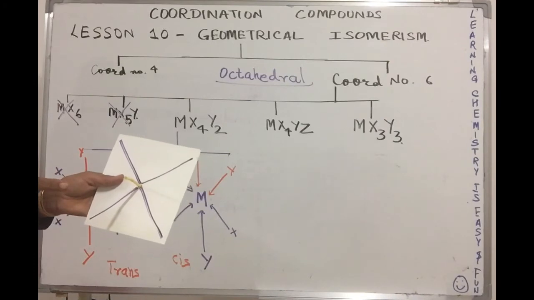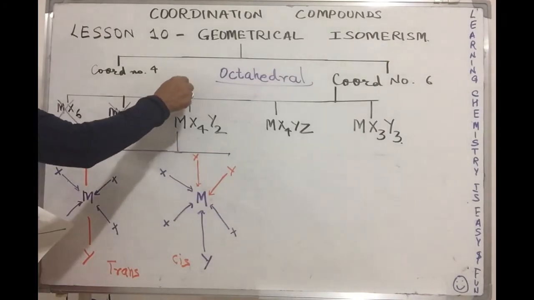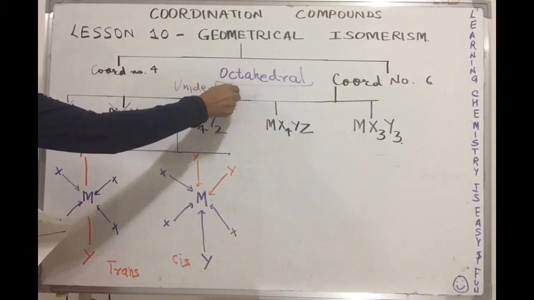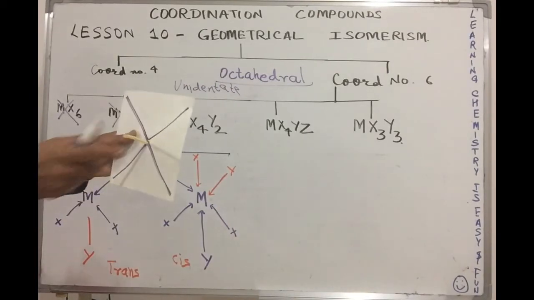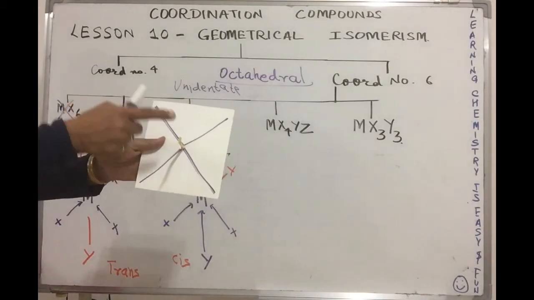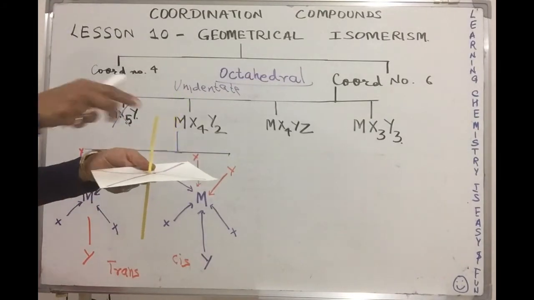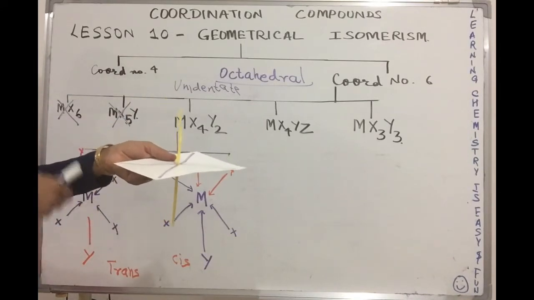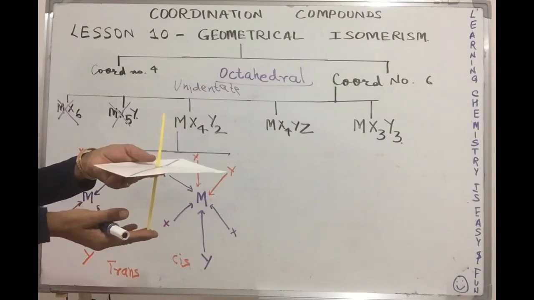We are concentrating presently only on unidentate ligands in this chart. Okay, I have not come to bidentate ligands as yet. So what we've got over here, 1, 2, 3, 4, 4 ligands in one plane, one above, one below. They are opposite to each other. One is lying above the plane of the paper, the other is below it, right?